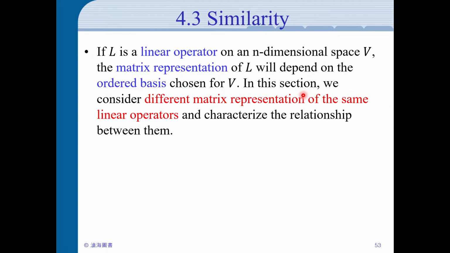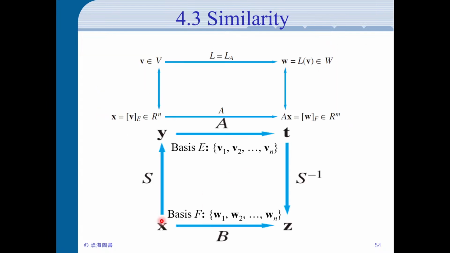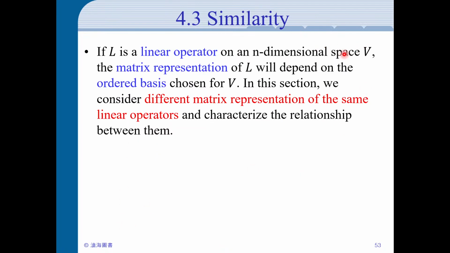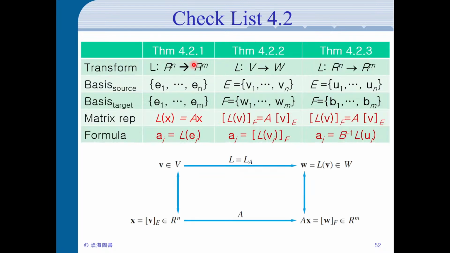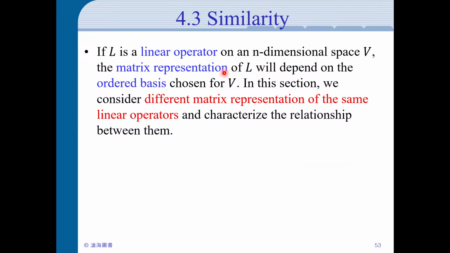But we actually restrict our attention a little bit, to linear operators. Once again, remember a linear operator means that the beginning space and the end space are the same space V. It's a little confusing, but we are mapping from V to V. Basically we are mapping from Rn back to itself.